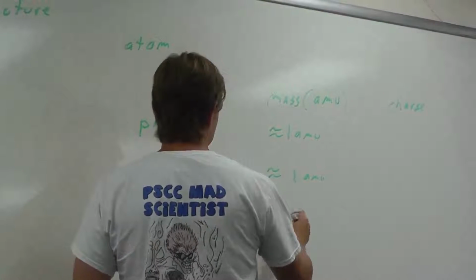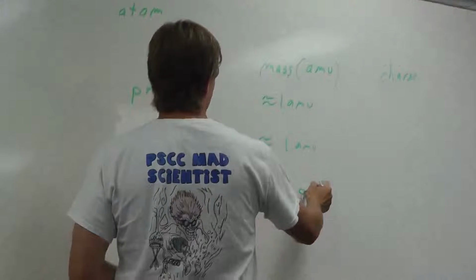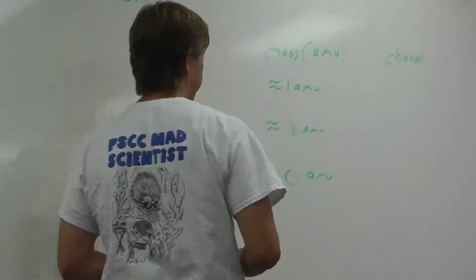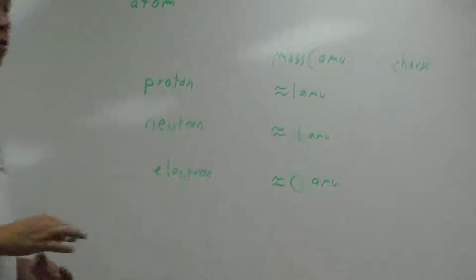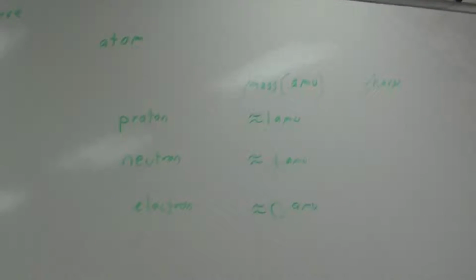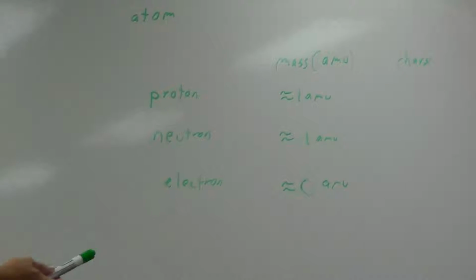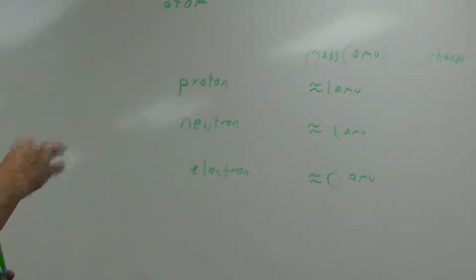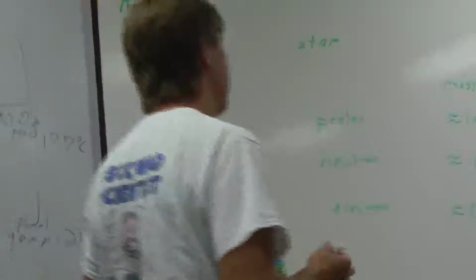Electrons are approximately 0. They're not truly 0, as in having no mass, but they're approximately 0, and they don't have much mass, not even compared to the other subatomic particles. The proportions are, it would take roughly 1,800 electrons to equal the mass of 1 proton.